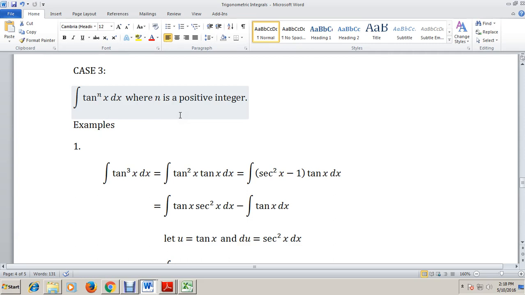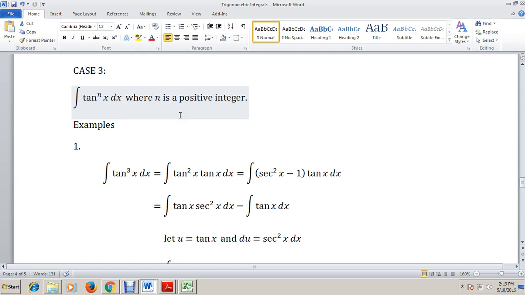Okay, so what is presented here is that just like in case number 1, whenever we have the power of the trigonometric function in odd form, or the power is given as an odd integer, we can apply the technique that was presented in case number 1.